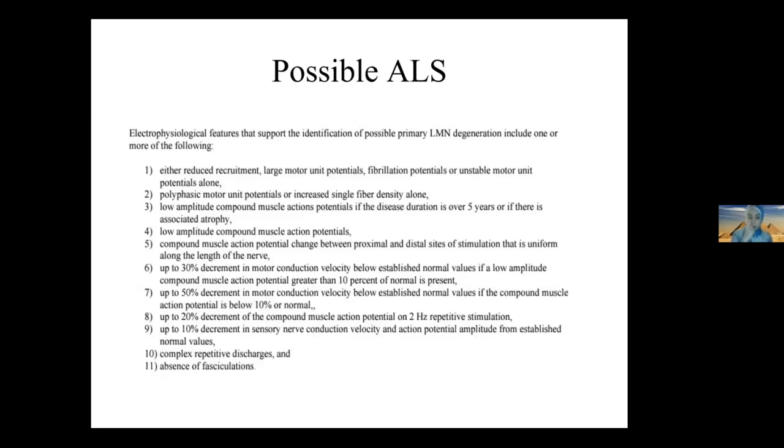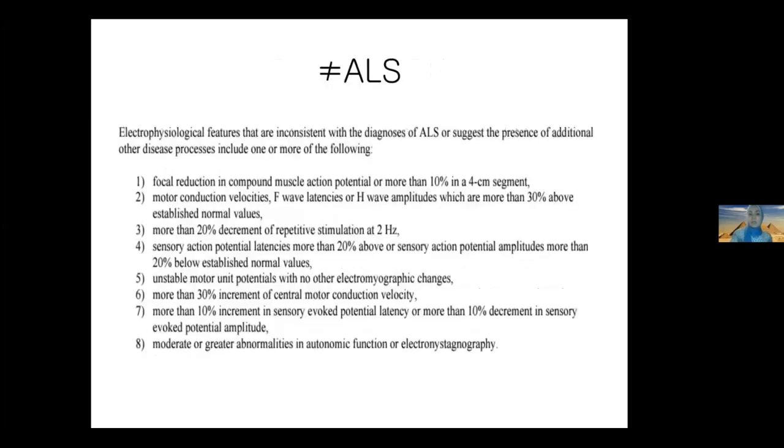So this is very important. It's because of the axonal degeneration and of course the affection of the neuromuscular junction. So up to 20% decrement on nerve stimulation could go with ALS. It does not exclude ALS. Now, what are some signs which say that the patient does not have ALS?